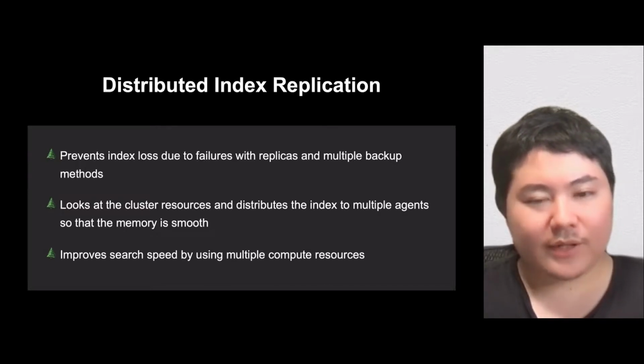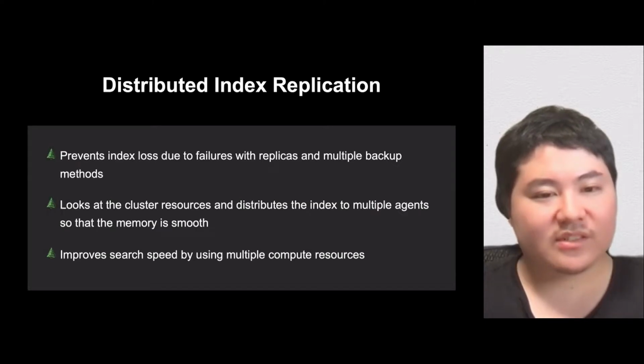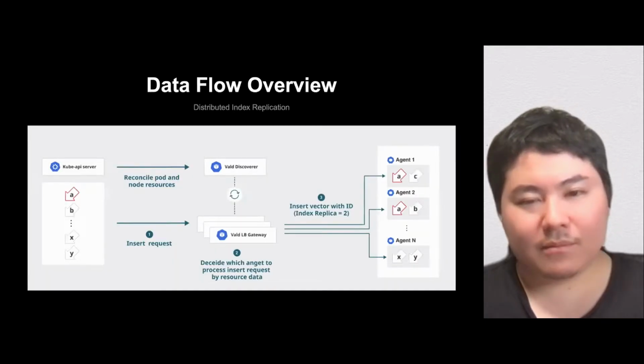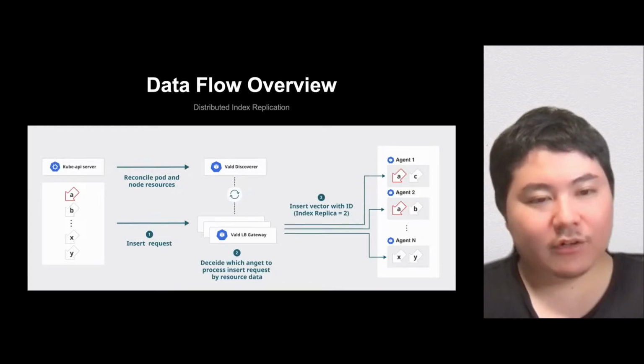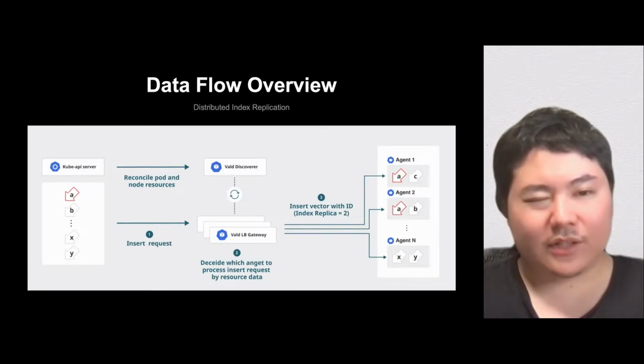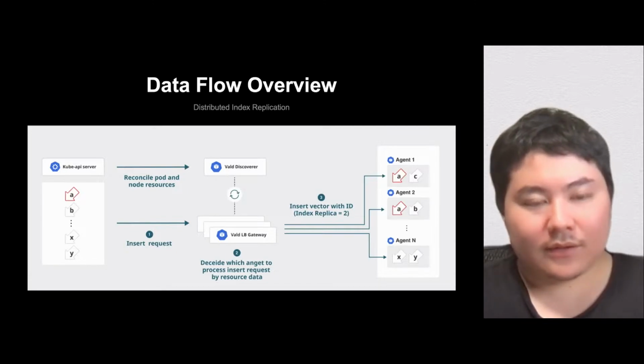And lastly, because we're able to optimize our compute resource usage, we can improve the search speed. This is how the indexing data flows. Vectors A to Y can be indexed in.